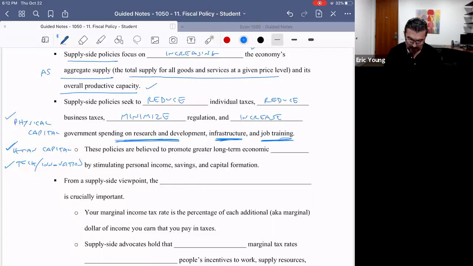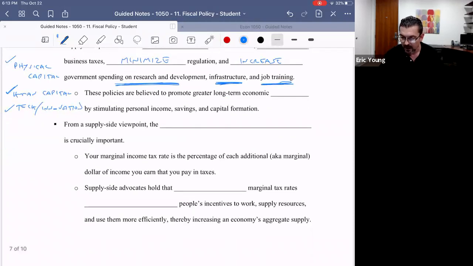So these policies are really all about stimulating the long-term growth prospects, the long-term productive capacity of an economy. Supply siders believe that their policies will promote greater long-term economic growth by stimulating income, savings, and capital formation. So that's the crux of those models.